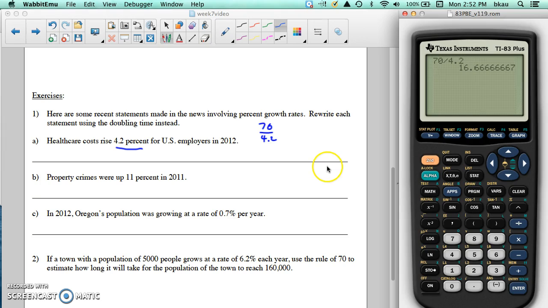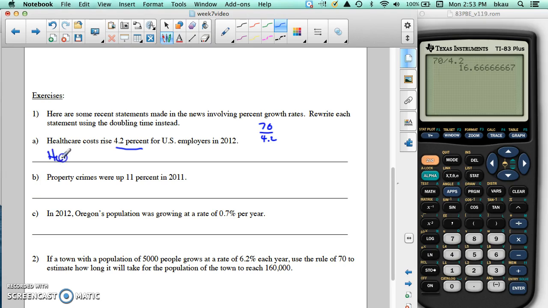So that means we would write this as healthcare costs double every 16.7 years in this case. Because we're talking about years here, 2012, it's that many years.